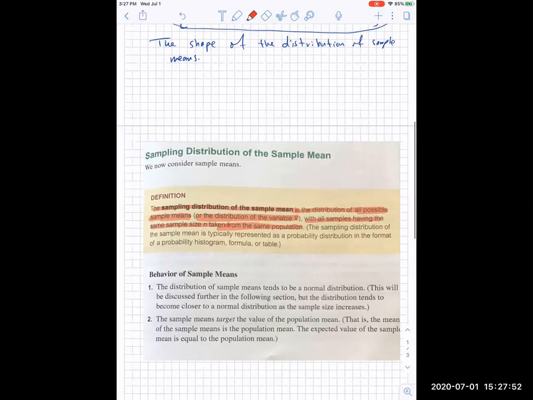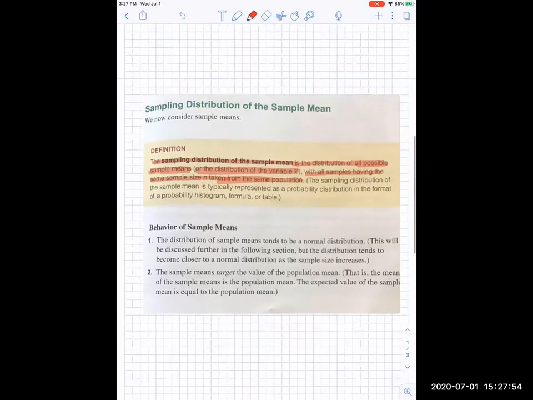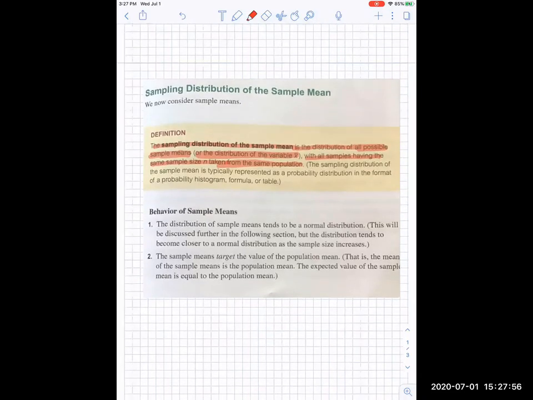So we notice the following: the behavior of sample means can be summarized in 2 points. The first observation that we have is that the distribution of the sample means tends to be a normal distribution. That's a very important result.